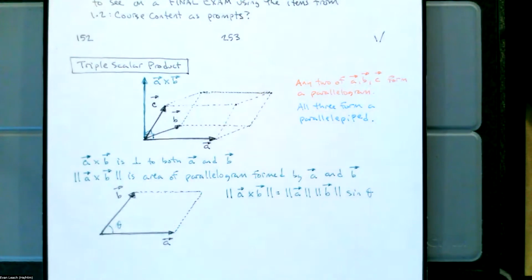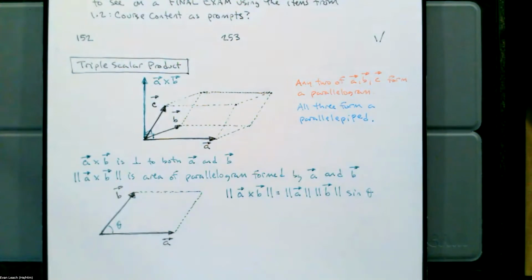Now, for the parallelogram formed by A and B, one side length is A, the other side length is B. What we need is the height of this parallelogram.